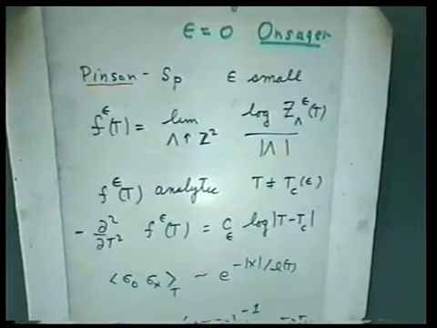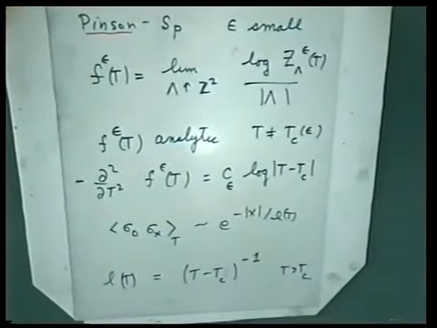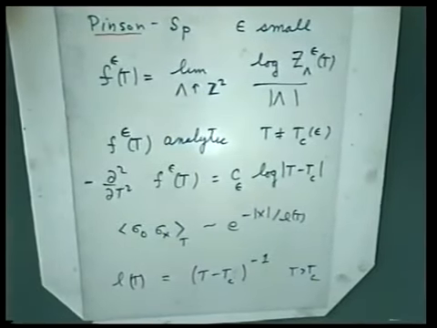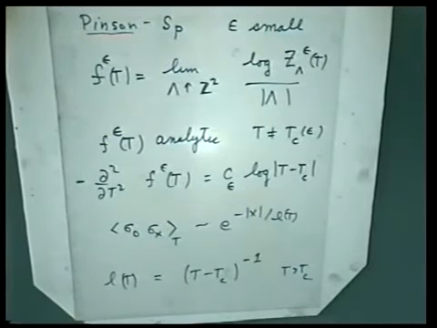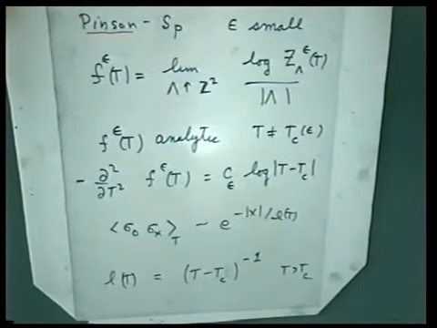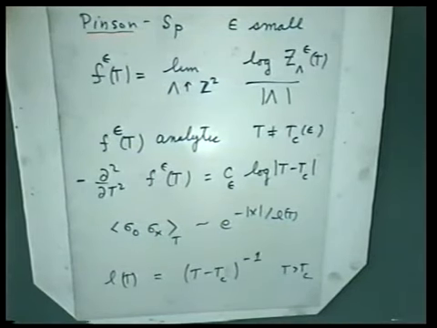And at t equals Tc, there's a singularity. The singularity can be seen in the second derivative, and the second derivative has a log divergence. Okay? And the spin-spin correlation length has a divergence. He also calculated that. The length is t minus Tc to the minus 1. And if you remember, for random walk, we found it was minus a half. So this is a little different.